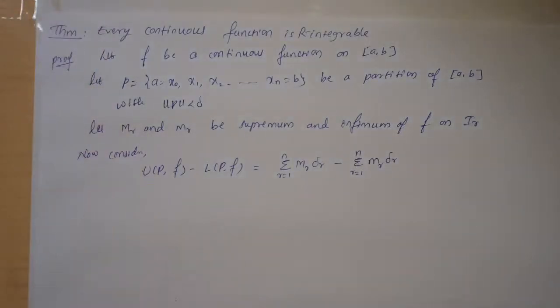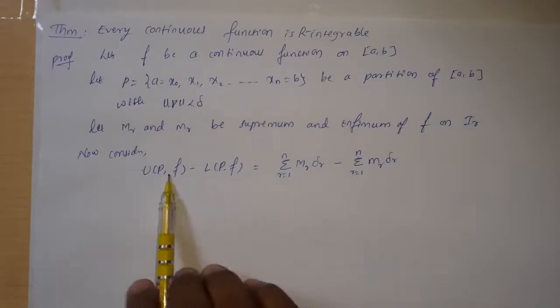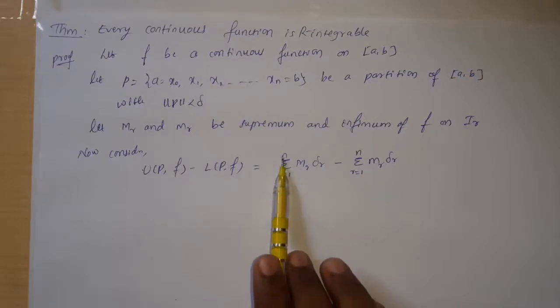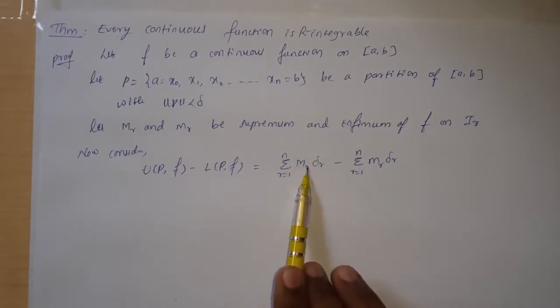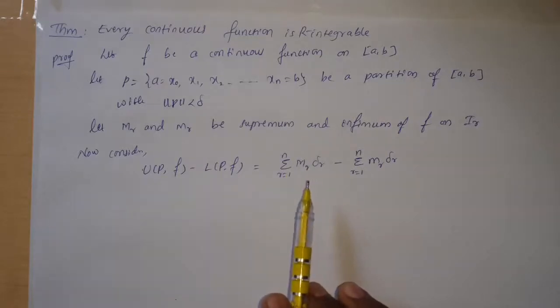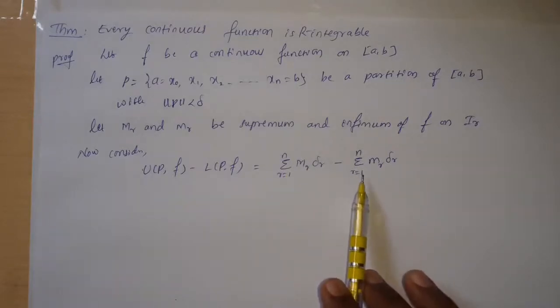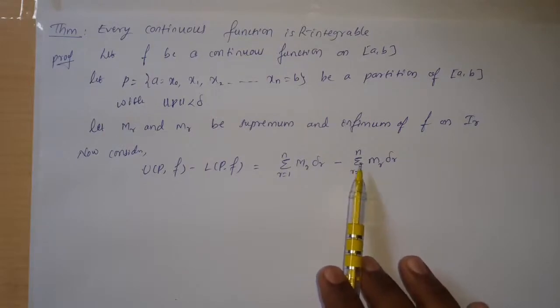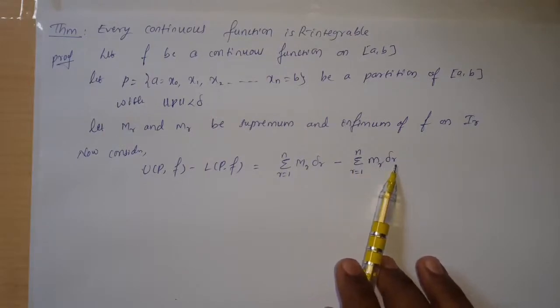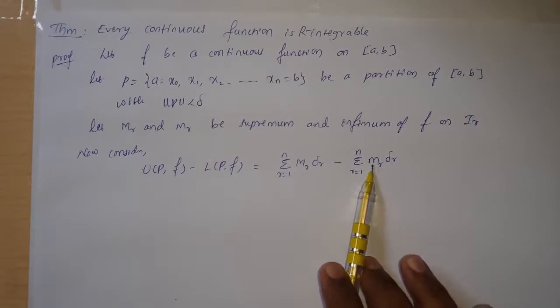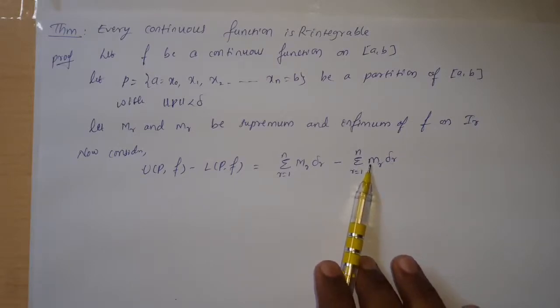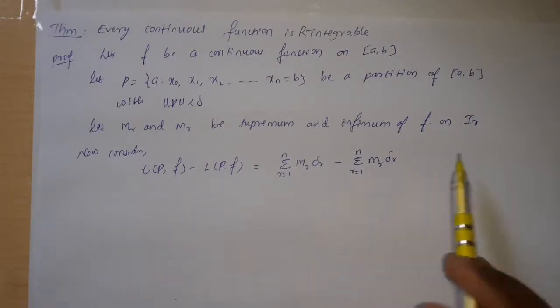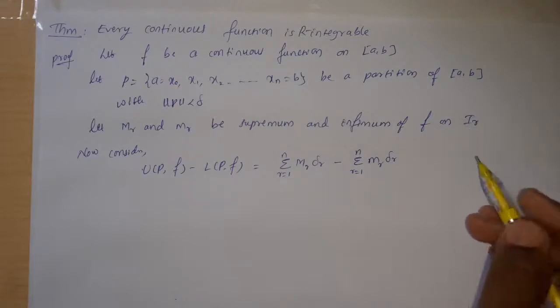By the definitions of upper and lower Riemann sums, capital Mr is the supremum of the function f on the rth subinterval, and small mr is the infimum of the function f on the closed interval Ir, that rth subinterval.